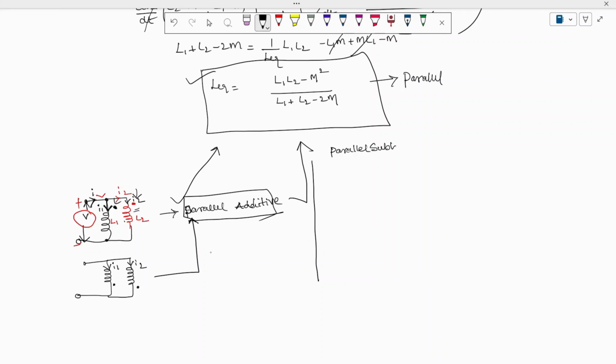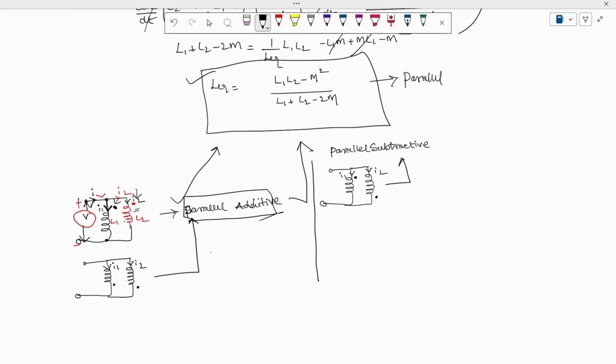For parallel subtractive, it's very simple to understand. So I have an inductor, this is inductor 1, this is one more inductor. So here the current in the branch is I1, here the current in the branch is I2. A dot is there at entering and one dot is there at leaving.